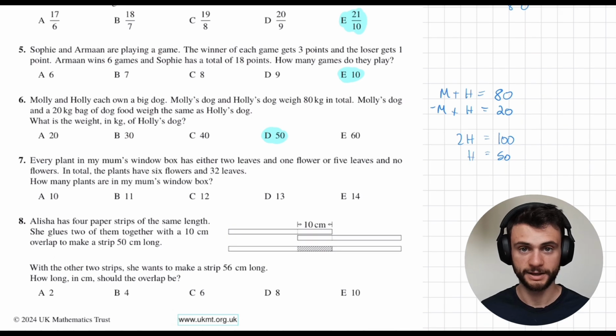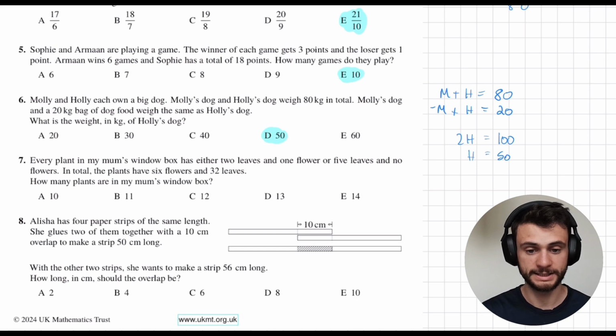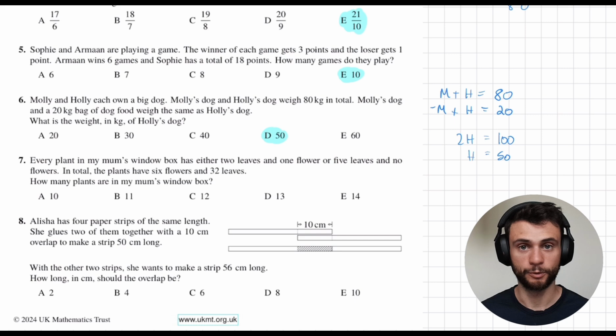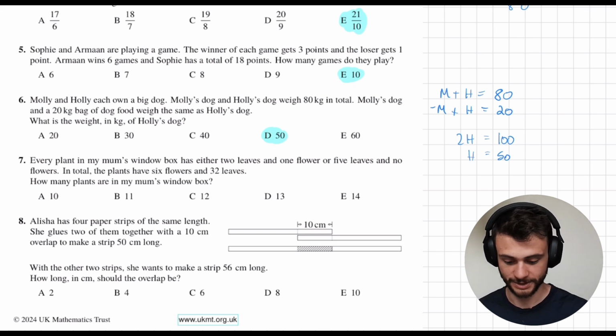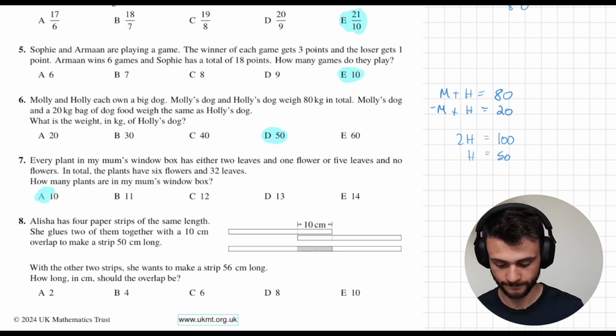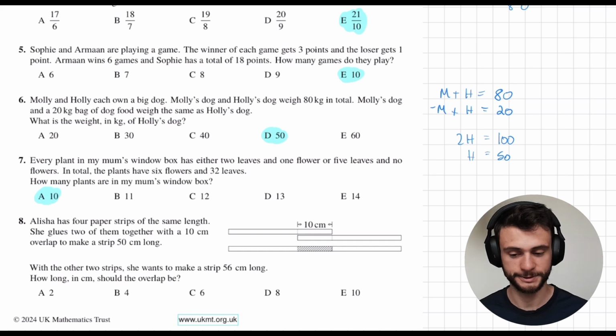So we know that if it's a plant with no flowers, then it'll correspond to having 5 leaves. Since there's 20 leaves, that's going to correspond to 4 plants with no flowers, plus the 6 plants with 1 flower. So in total, there's going to be 10 plants.